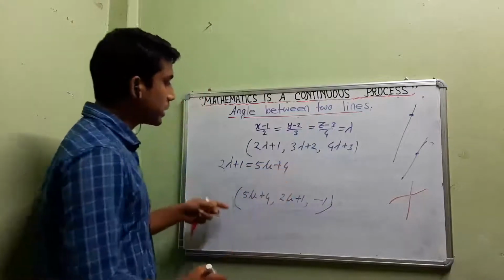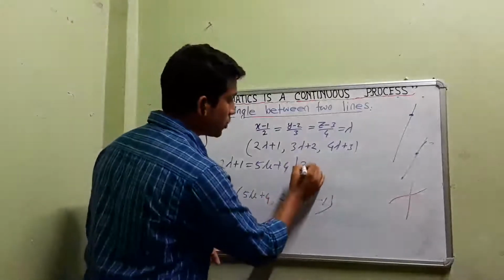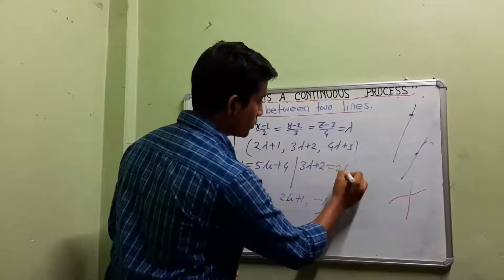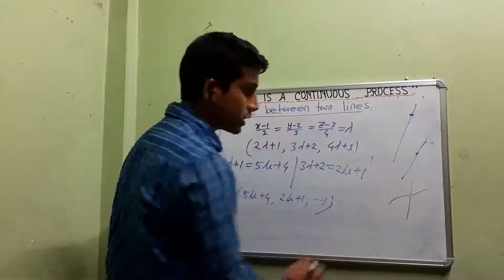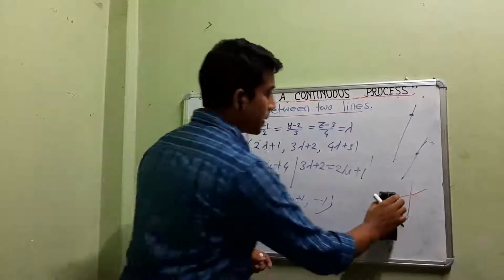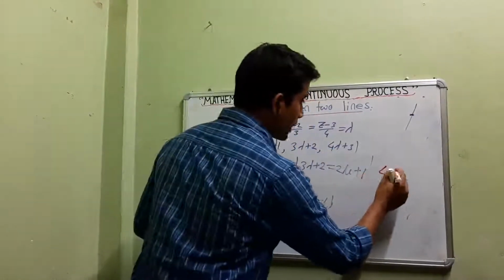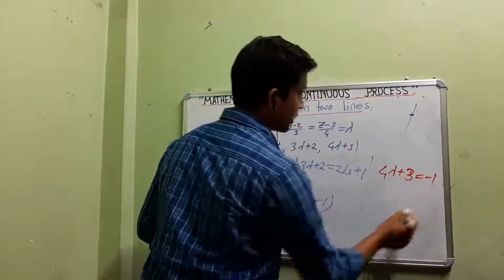We are considering the equation by equating the coordinates. Then the second equation will be 3 lambda plus 2 is equal to 2 mu plus 1. And the third equation is 4 lambda plus 3 is equal to minus 1. This is the third equation.